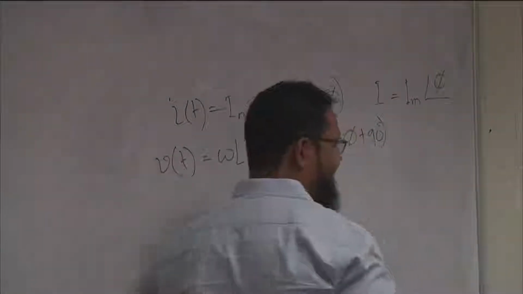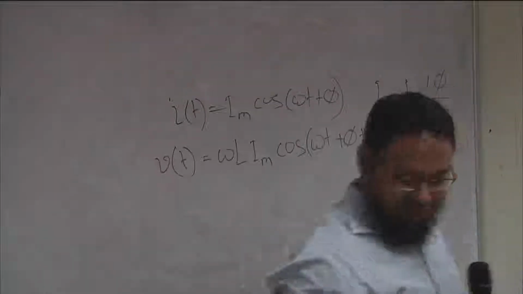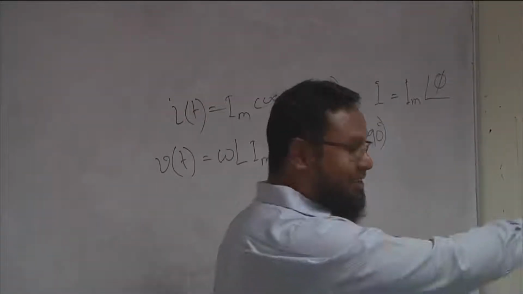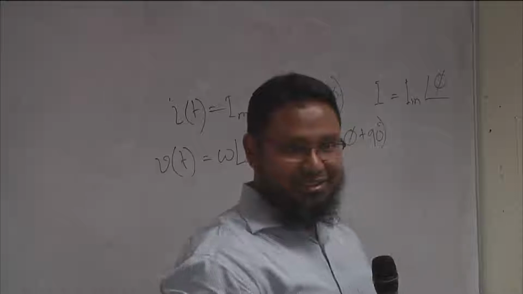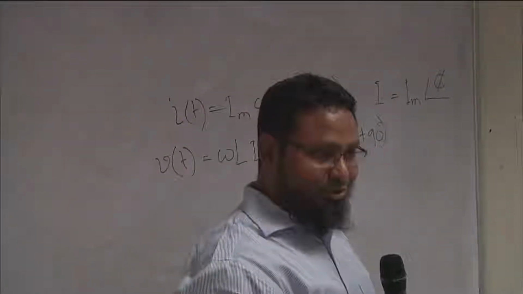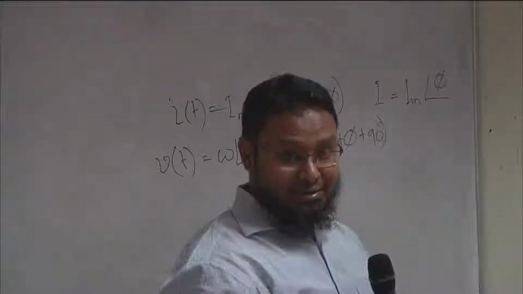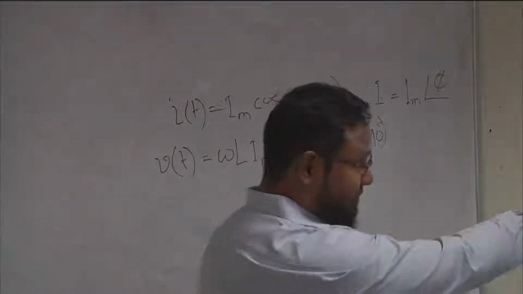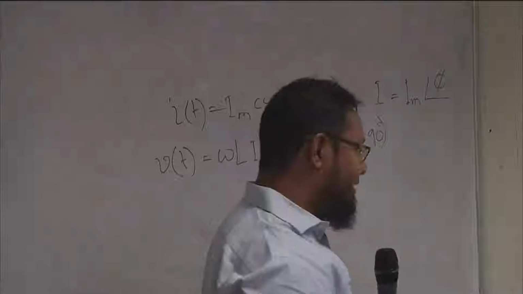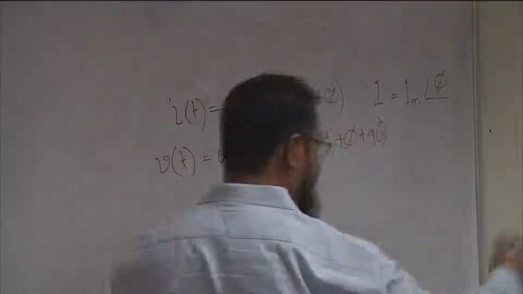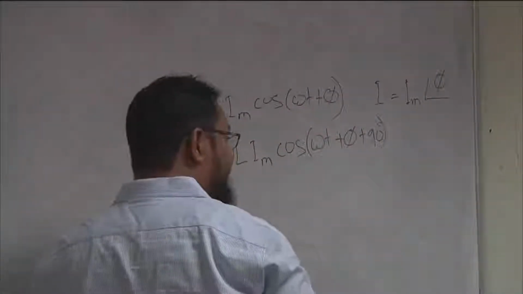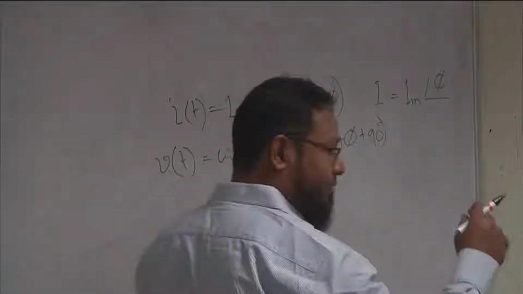The first thing is actually pretty obvious to you right away, that it's leading by 90 degrees. Look at the phase. Both of them are in cos, and right away you can tell the phase relationship, because there's a plus 90 degrees, that the voltage is leading the current by 90 degrees.